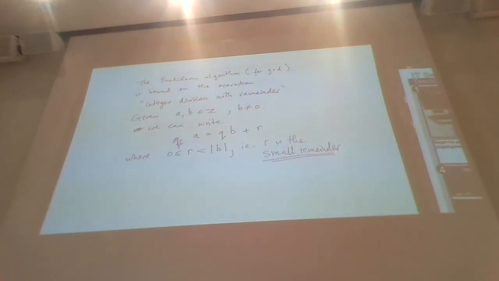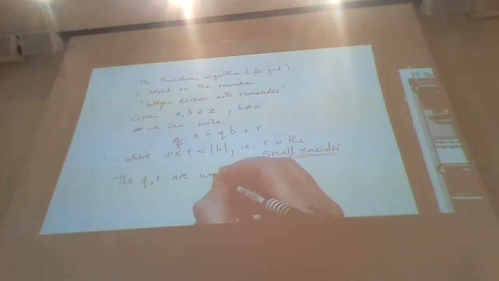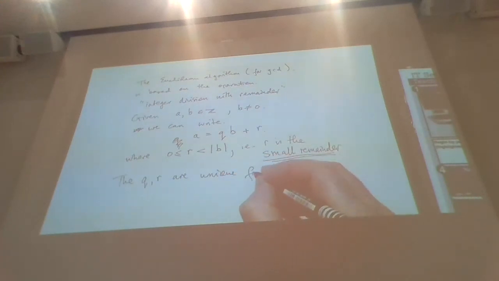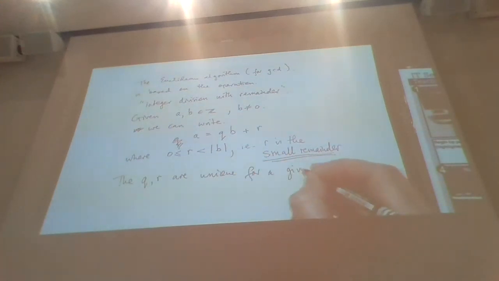You can take a further 3 out of the 4 and leave a smaller number, which is more properly called the remainder. And the Q and R are unique for a given A and B. So there's one and only one way to do an integer division with remainder.